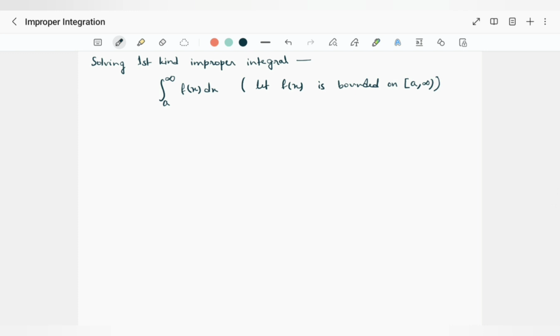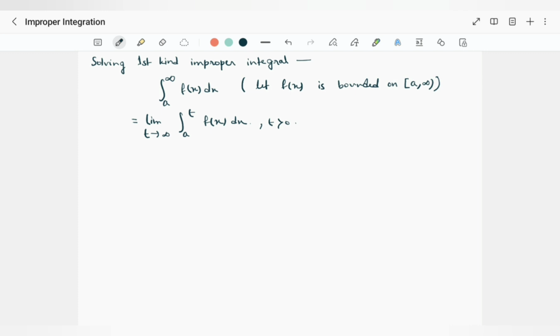Now we can write it as limit t tends to infinity integration a to t f(x) dx. Think of infinity as a number. So infinity will be a very large number. Now I am taking just one number in place of infinity, so I am taking t.